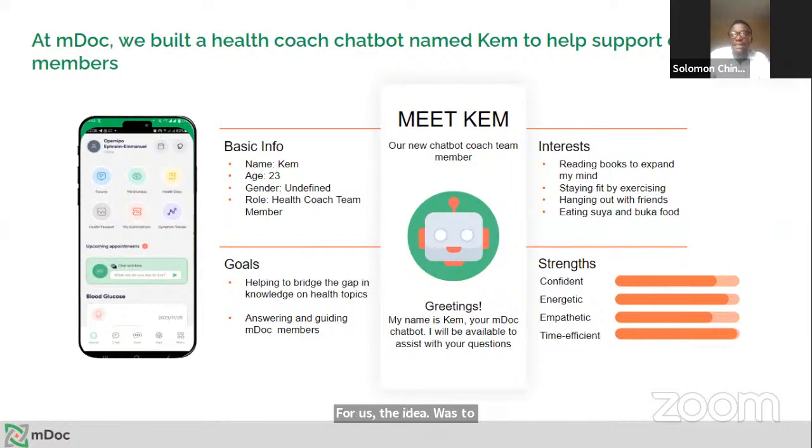We saw that we were limited in the extent to which we could attend to our members. A whole lot of people were requiring help, and we had limitations in the number of health coaches that we had. So what was the right thing to do? We found that if we had a chatbot that we could train using our own data, it could do the job. Okay, so this is Chem.